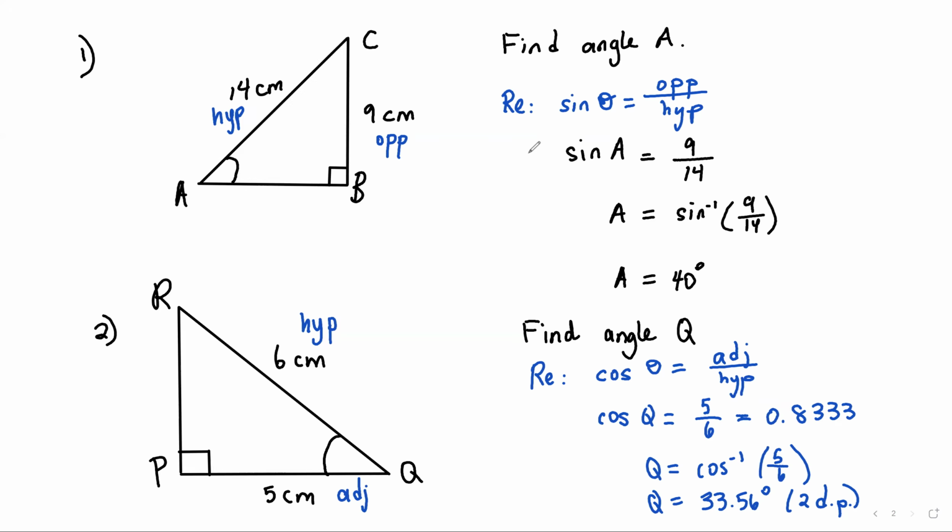Okay, so let's look at how you find an unknown side. Let's refresh our memory on how to find an unknown side. Okay, so let's say we have, I'm going to be good and use the lines to draw the triangle.